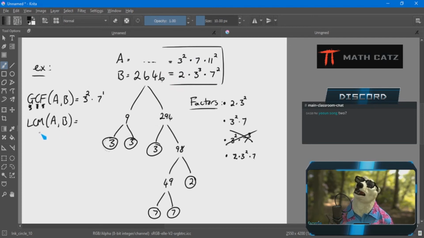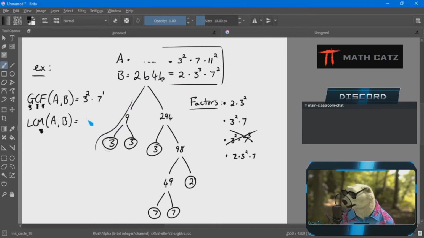Now, when we get to the least common multiple, the situation's kind of flipped around. I'm looking for multiples. So that means it's now reversed. The A and B numbers need to fit into my multiple. The answer that I'm making here, A and B need to fit into that.